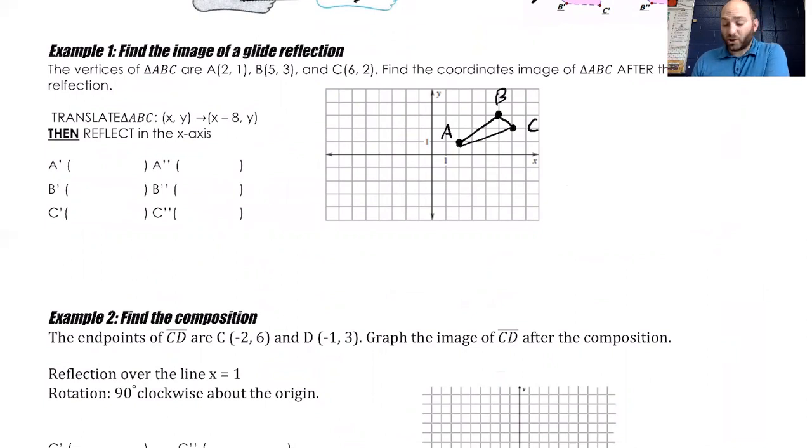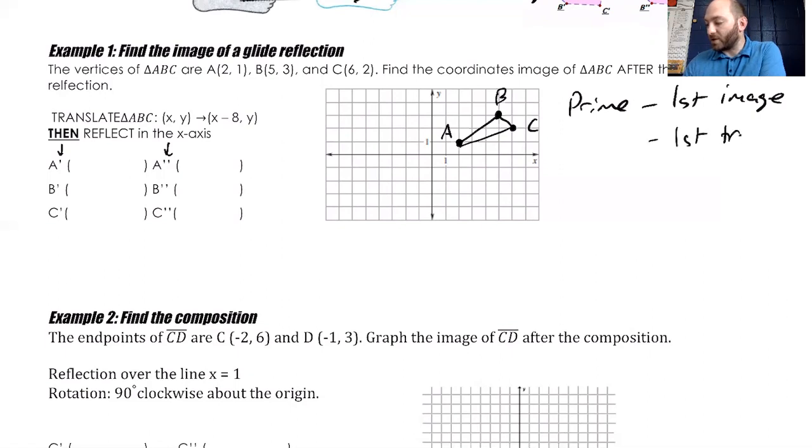A new thing to show you is our prime notation. What I have is double prime. Prime is the first image, which is another way of saying my first transformation.